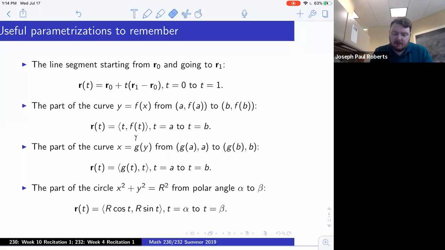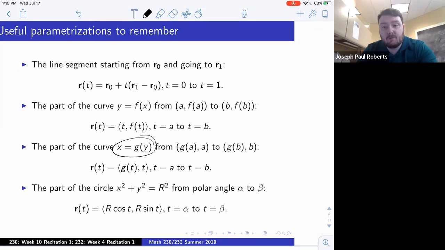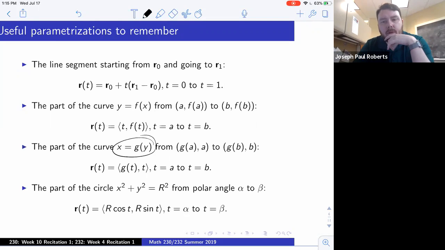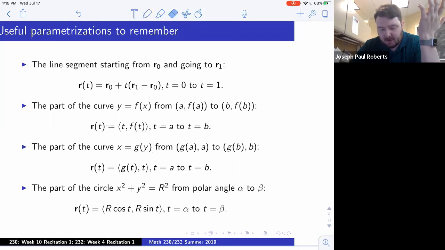And then you could do the same kind of thing if you turn this on its head and have x in terms of y. The reason you might need to do this, remember, if y is a function of x, there has to be some vertical line test that's passed. For x to be a function of y, you have to pass the horizontal line test, because remember, this whole notion of function has this thing built in that there's only one output for each input. But anyway, it's good to be flexible, and depending on how you're given these equations, you might not want to spend time trying to solve for y or solve for x or whatever.